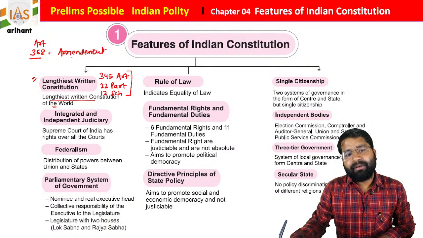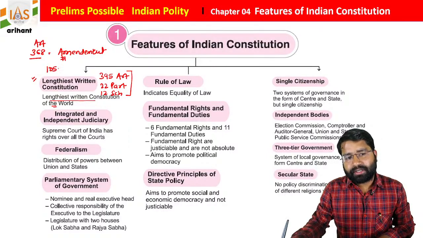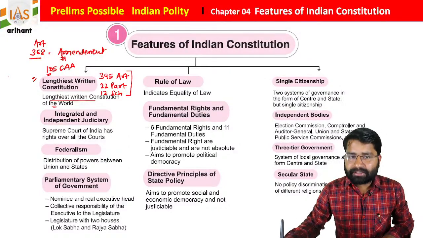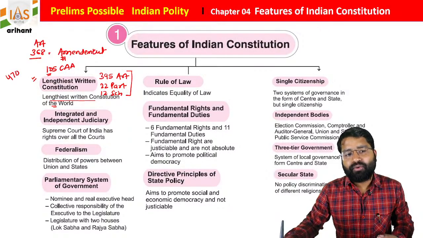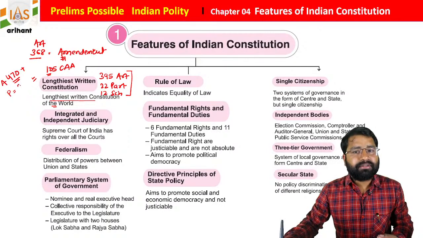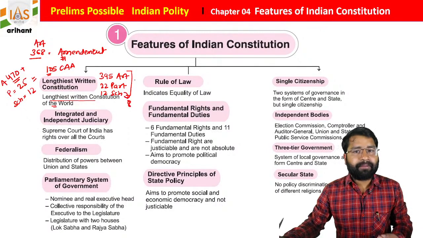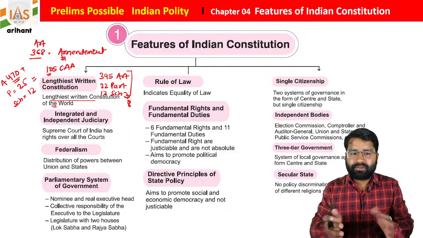Amendment is also possible in the Indian Constitution, and till now, 105 Constitutional Amendment Acts have taken place, and by adding a few sub articles, the number rose to 470 plus articles. The parts are now 25, and the schedules are 12, initially it was 8. So this makes our constitution the lengthiest constitution.